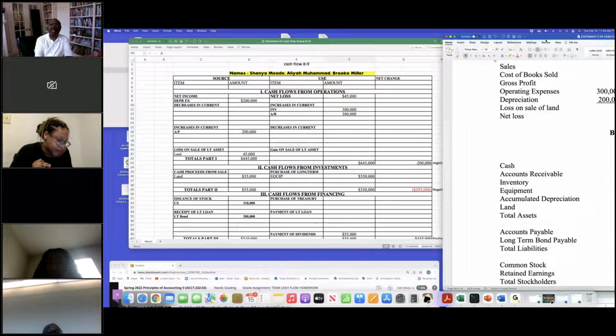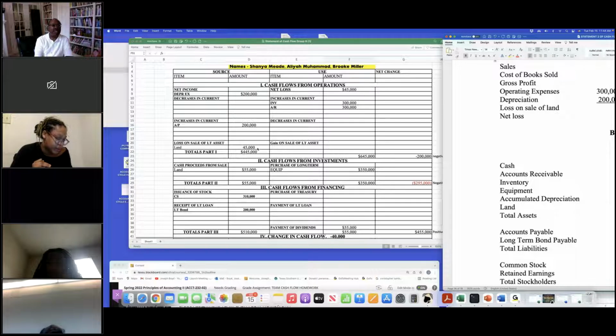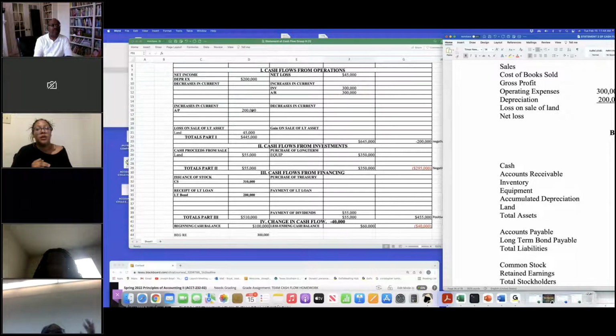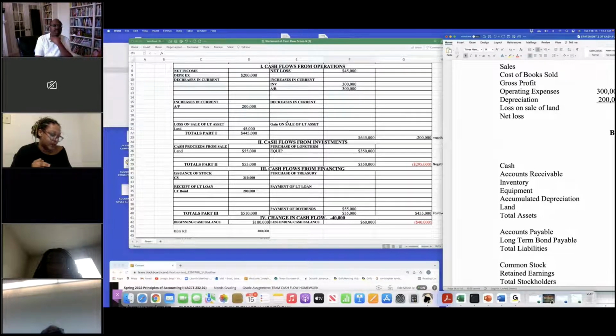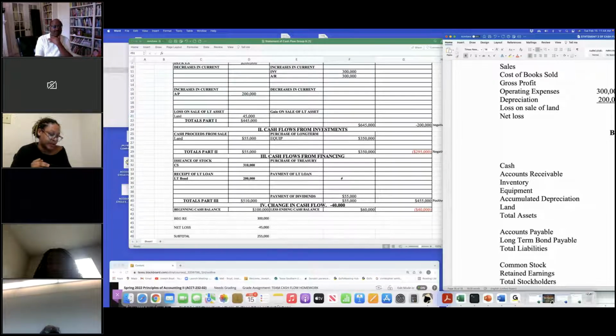Then what do we have next? We have accounts payable, and it went up by 200,000. So I put it as one source in current liability. And then my long-term payable increased by 200,000 as well, and I put it in part 3 as a source. And for my last one, I have stock.